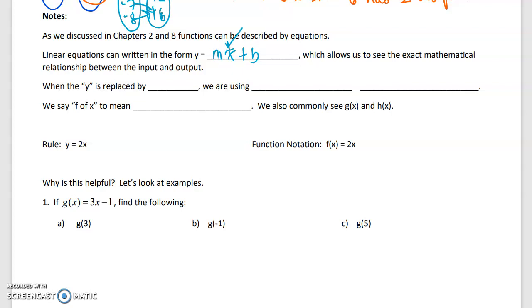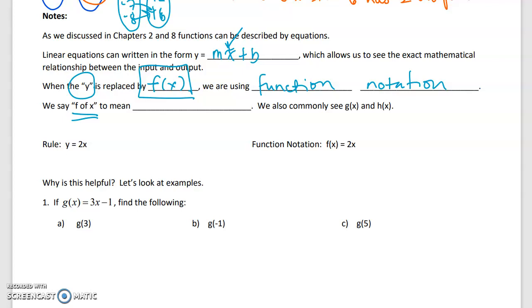For this function notation, we're going to keep this same form, except we're going to take the y and replace it with this little notation here, an f, and then in parentheses, an x. And this is called function notation. And we say it f of x. There's a specific form that we use with these parentheses, and there's a specific way we say this.